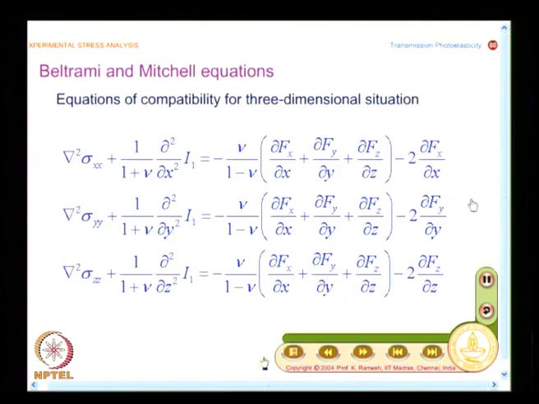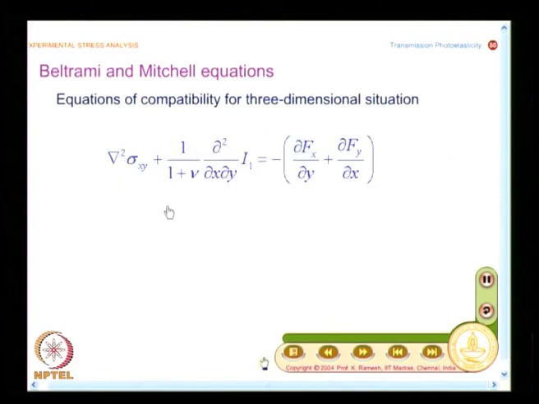So, I will have another 3 sets of equations which are also cyclically repeated, and the first equation looks in this form. I have del squared sigma xy plus 1 by 1 plus nu dou squared by dou x dou y of I1 equal to minus of dou fx by dou y plus dou fy by dou x.